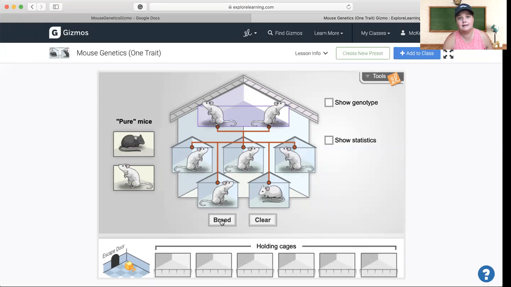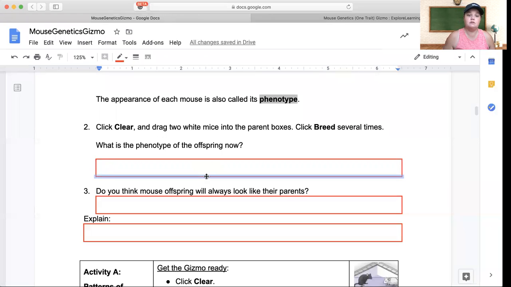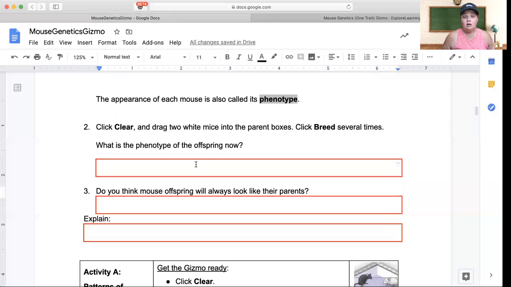We tend to see a pattern that's occurring, and the pattern that is occurring is that they are all white. So now it says, what is the phenotype of the offspring now? The phenotype, what do they actually look like? Complete sentences. The phenotype of the offspring is white.